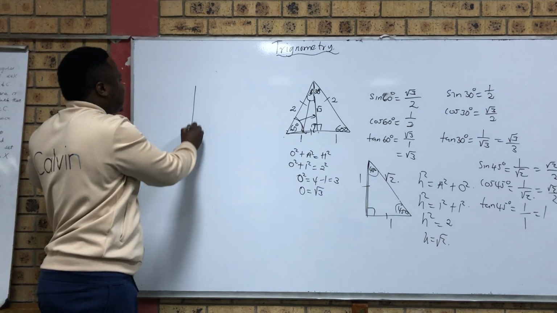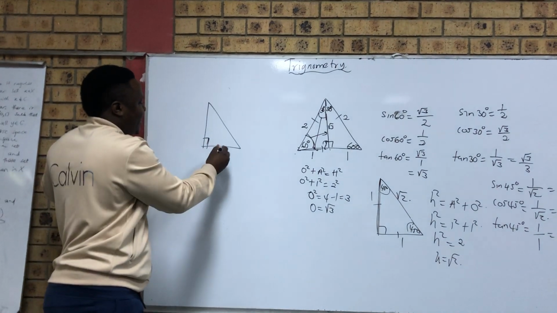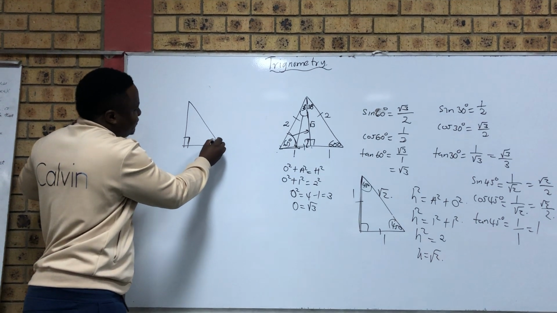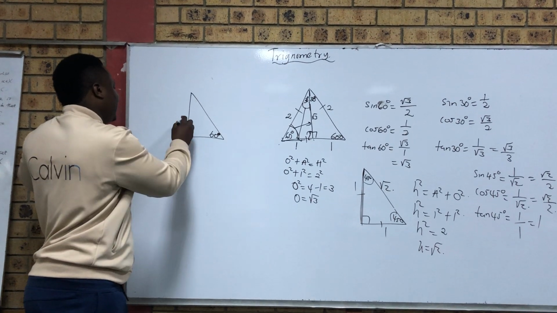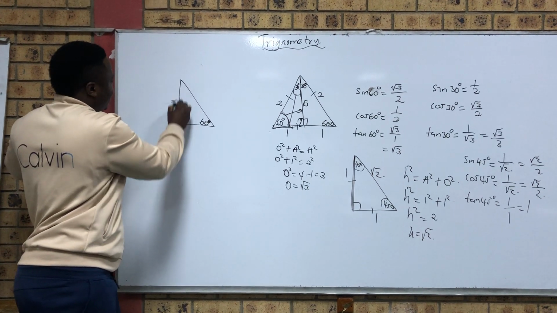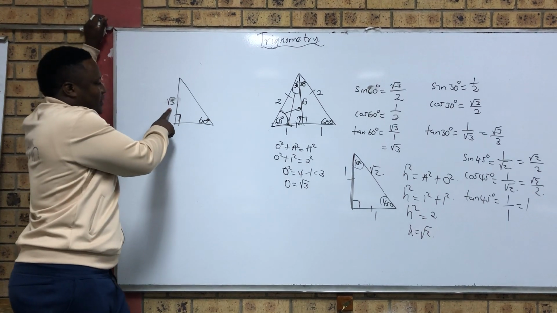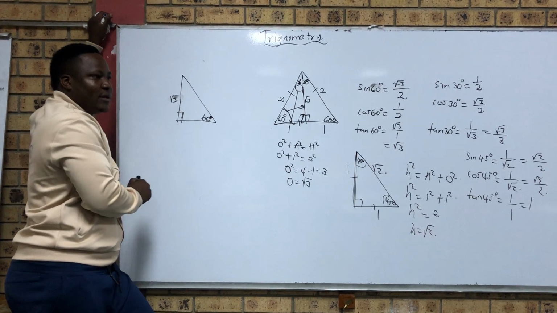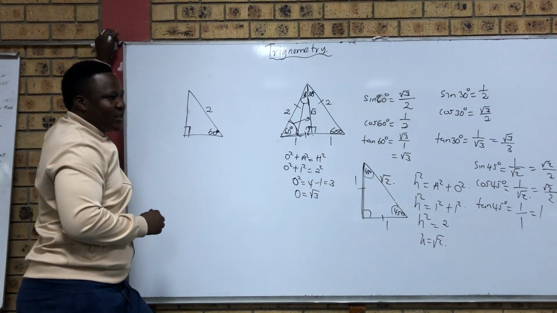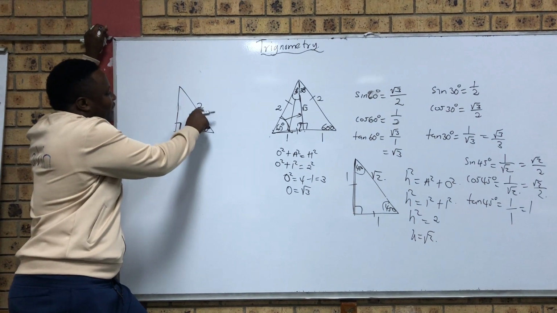When they give you a right angle triangle like this, and maybe they give you 60, and this one is root of 3, and they give you one side and the angle, let's say the hypotenuse side, and then they ask you to find this other side.